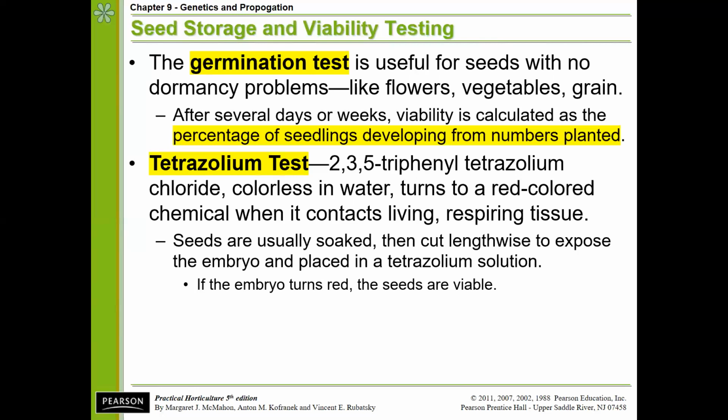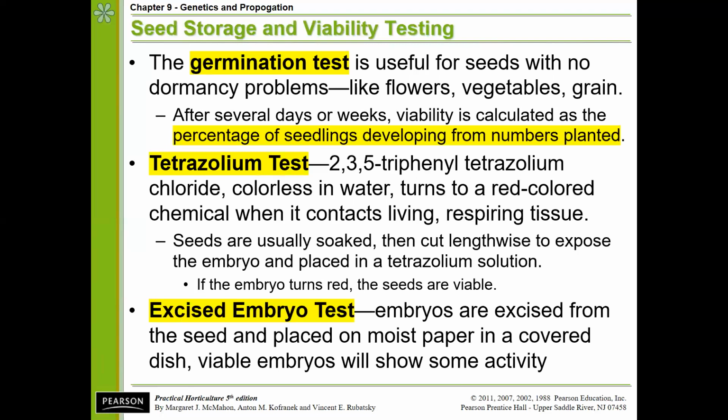And at that point, you're exposing and potentially damaging the embryo. However, there is an excised embryo test where you can actually remove the embryo and place it on a specific type of moist paper in order to see viable embryos having some activity. You can also place that on an agar media, which we'll talk about in a little bit when we get to tissue culture.